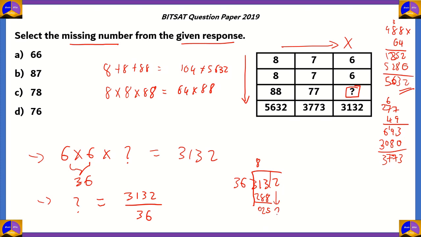So we'll take this 2 down. So we have 252, which is equal to 36 times 7. So we put 7 in the quotient, 252, and we'll get a remainder of 0. So therefore, the correct value of blank is option B, that is 87.